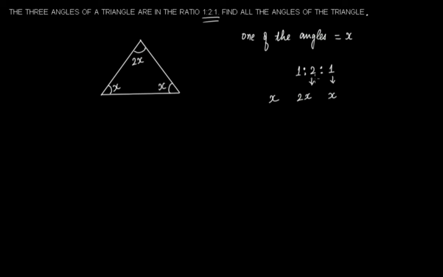Okay, this ratio is very important. They are in which ratio? If one is x, the next one will be 2x, the third one will be x. Now x, 2x, and x. You know that angle sum property tells you that x plus 2x plus x will be equal to 180 degree. If you add these, you will get 4 times x is equal to 180 degree.